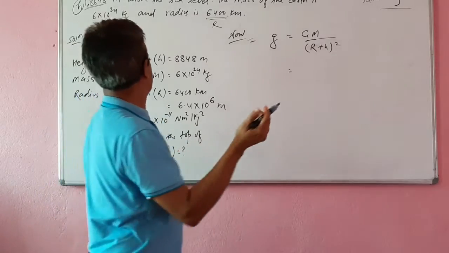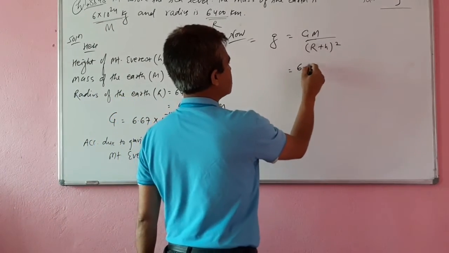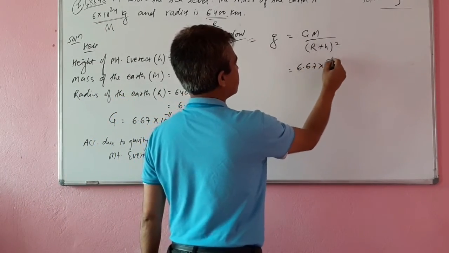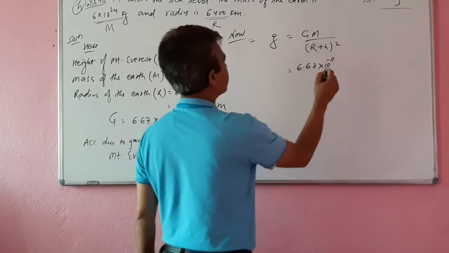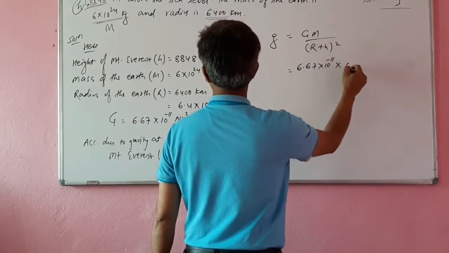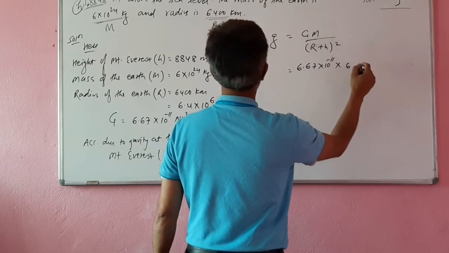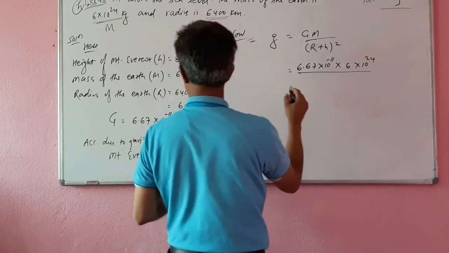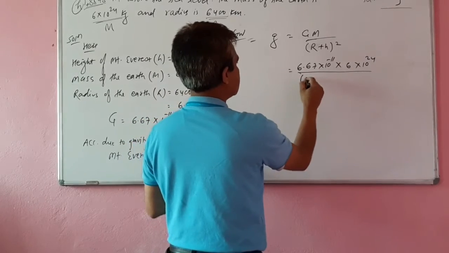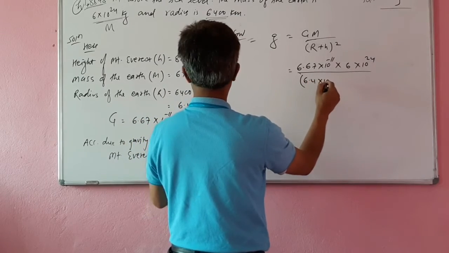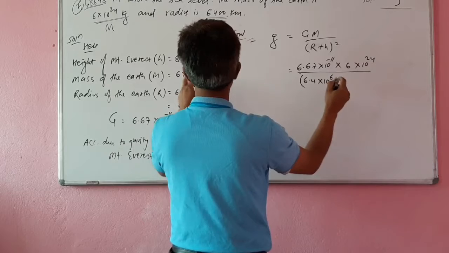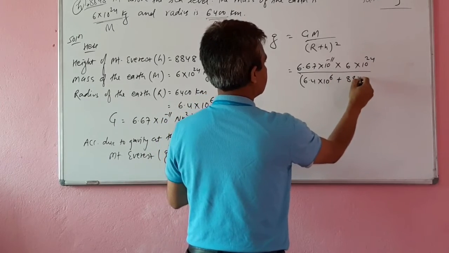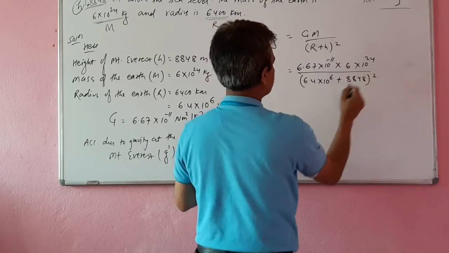Substitute the value. Value of G is 6.67 times 10 to the power minus 11. Capital M is 6 times 10 to the power 24, by R. What is the value of R? 6.4 times 10 to the power 6 plus h is 8848, whole square.